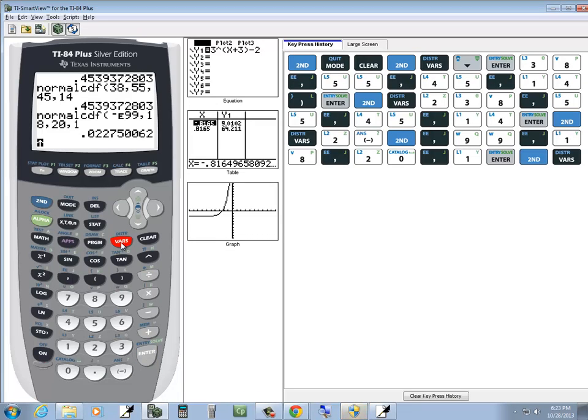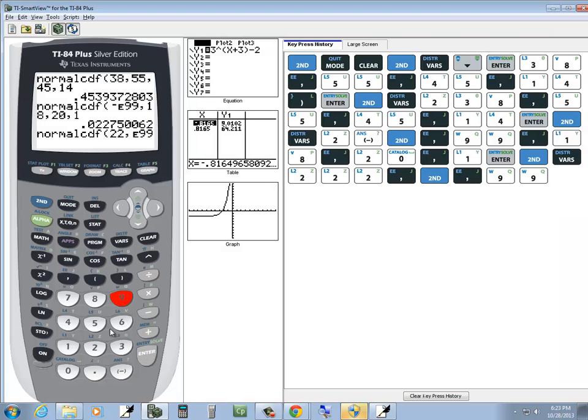So do second vars, choose normal CDF, 22, second, 99, E99, 20, 1.